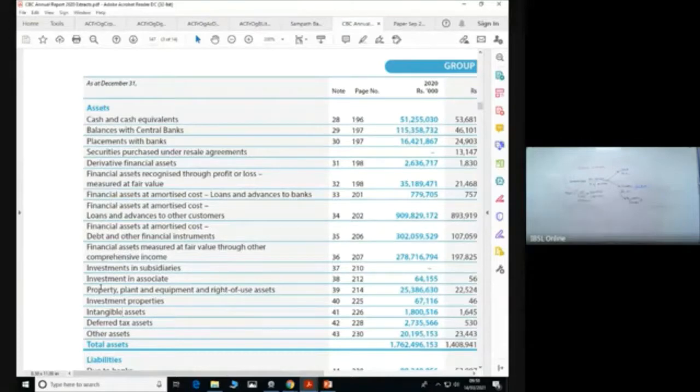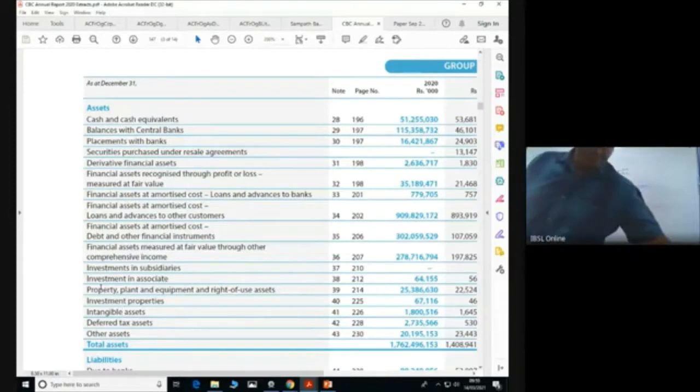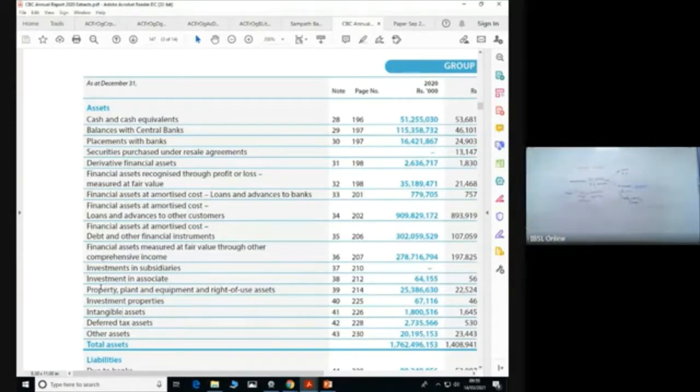Financial statements of companies, especially in the case of the balance sheet, within brackets you say SOFP, statement of financial position.